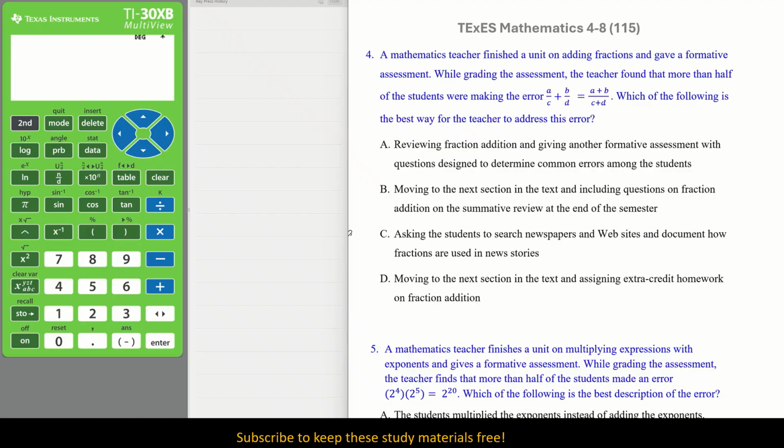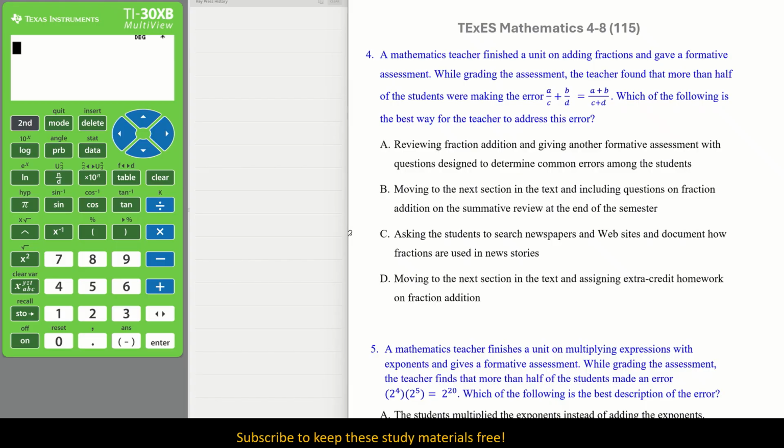Number 4. A mathematics teacher finished a unit on adding fractions and gave a formative assessment. While grading the assessment, the teacher found that more than half of the students were making the error A over C plus B over D equals A plus B over C plus D. Which of the following is the best way for the teacher to address this error?